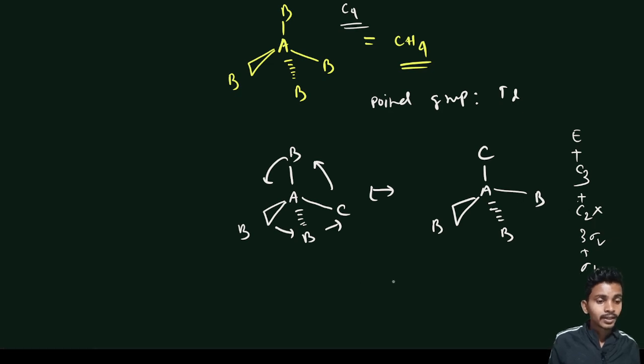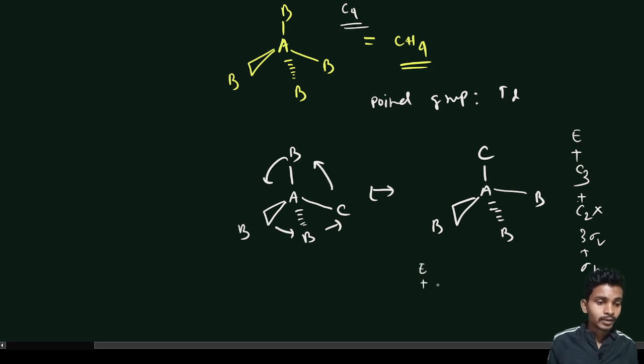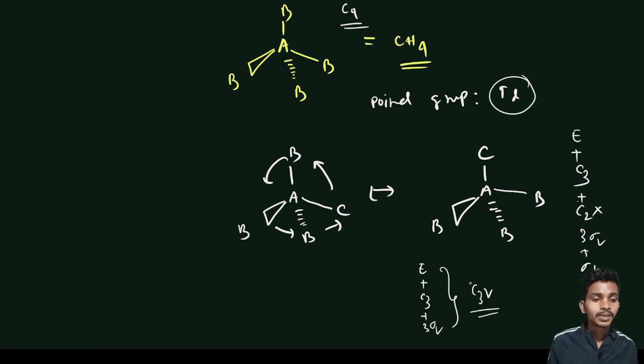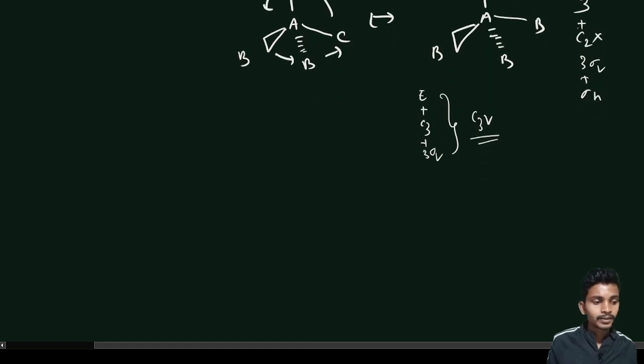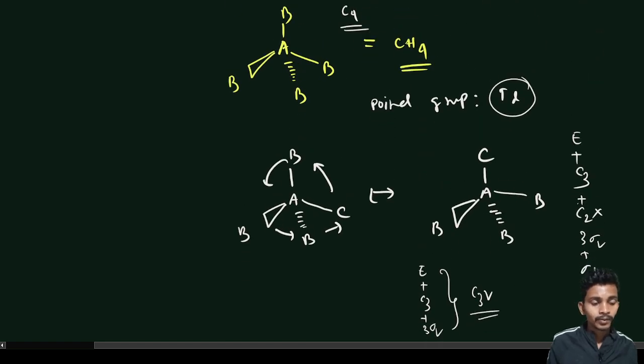So what things are there in this molecule? We have E, we have C3, we have 3 sigma v. So what is the point group? That is C3v. Okay, so previously that was Td point group, now it has changed to C3v point group if we replace one atom. So again, if I replace two atoms, then what will happen?